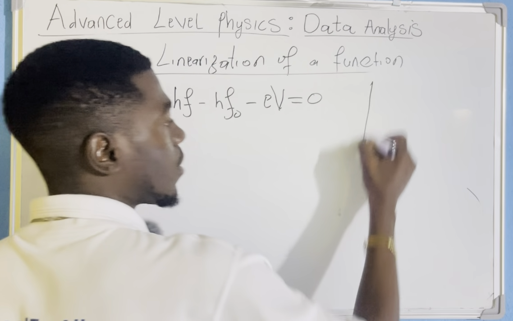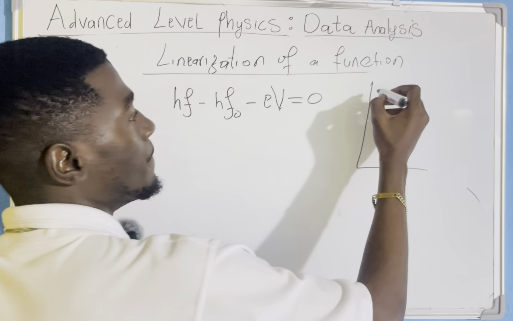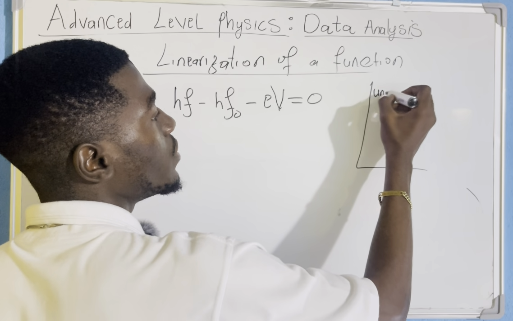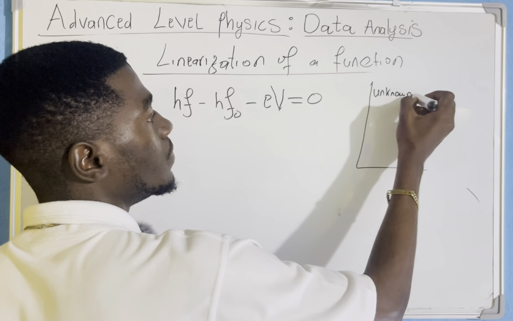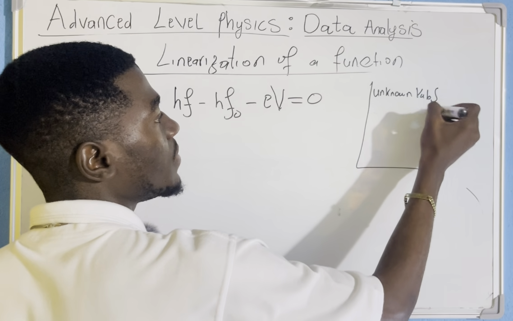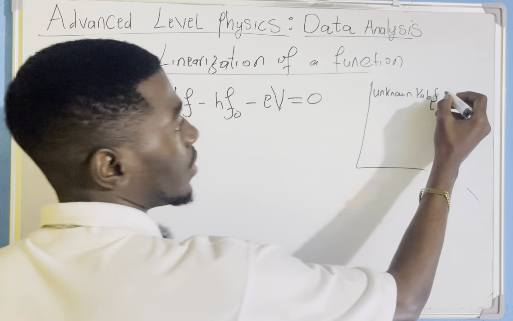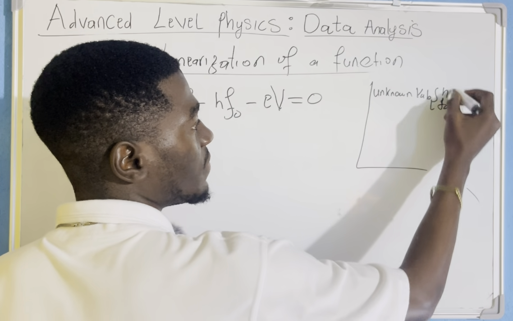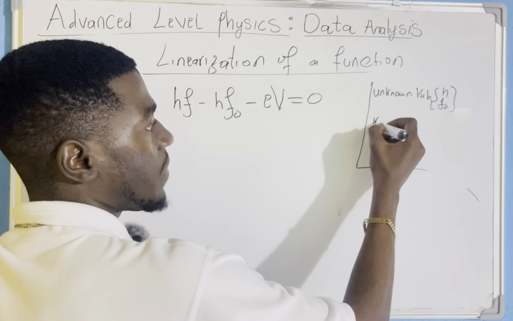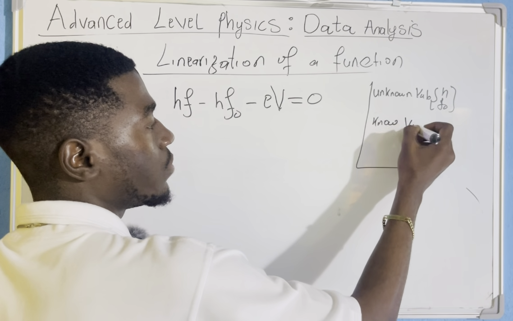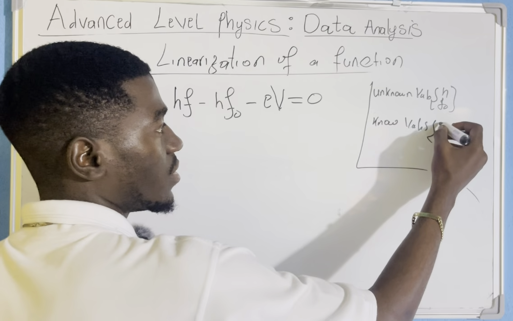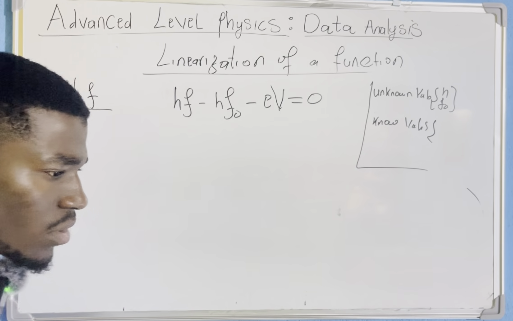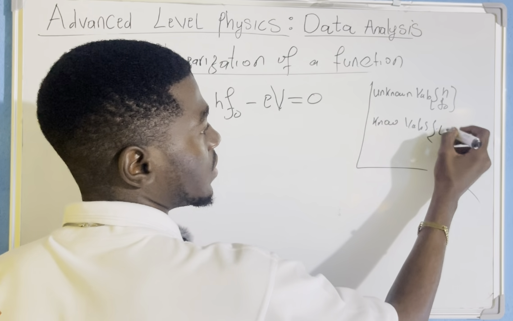I will first of all indicate my unknown variables to be determined. My unknown variables here to be determined are h and f0. And I'm having known variables here. I think there's only one known, which is e.